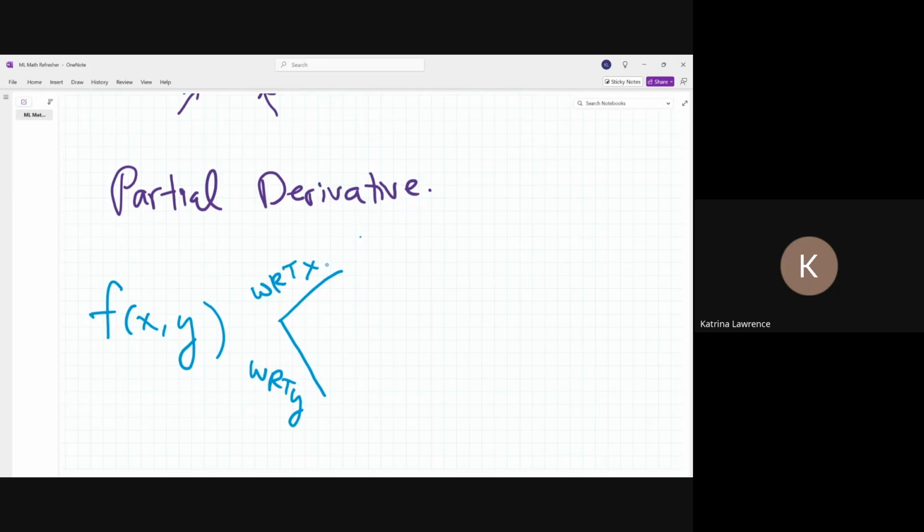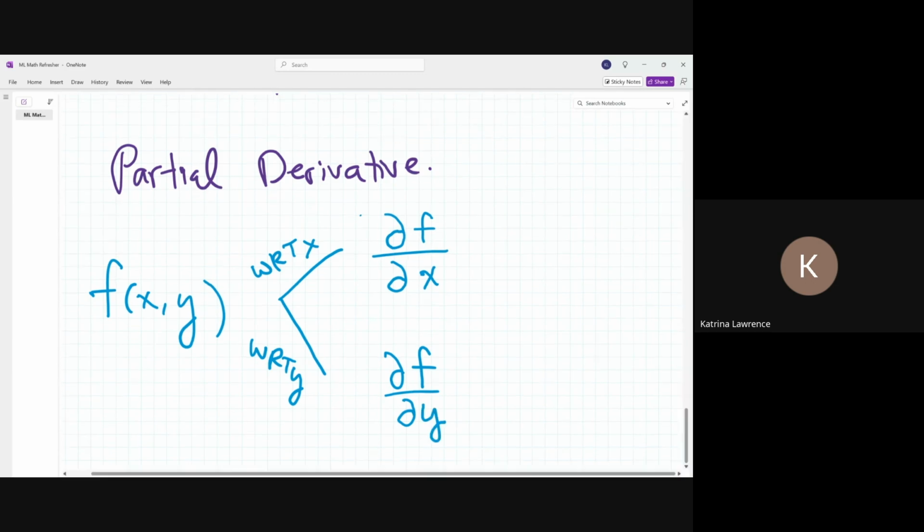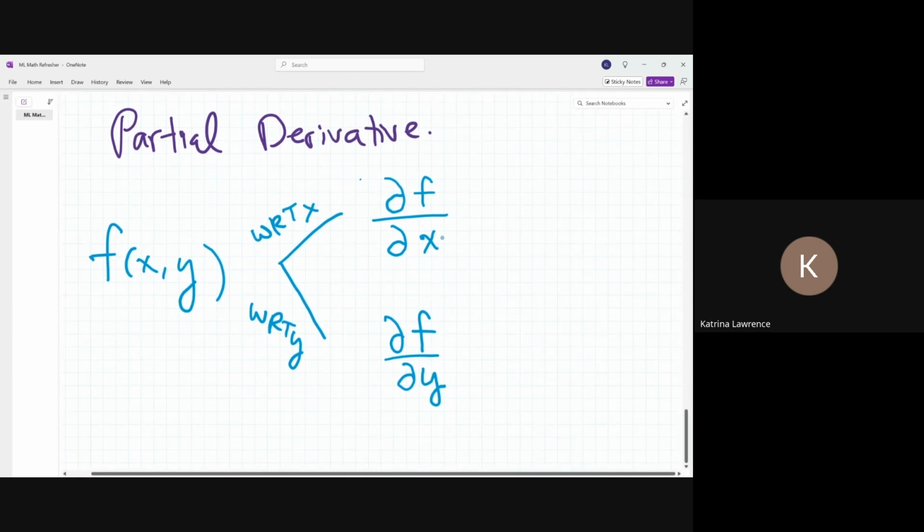So if we differentiate with respect to x, we actually use partial derivative notation. So instead of just having a regular d, we now have this symbol instead. So we would do df over dx, and then here we'd have df over dy. So this indicates that we're only taking the derivative with respect to x or with respect to y.